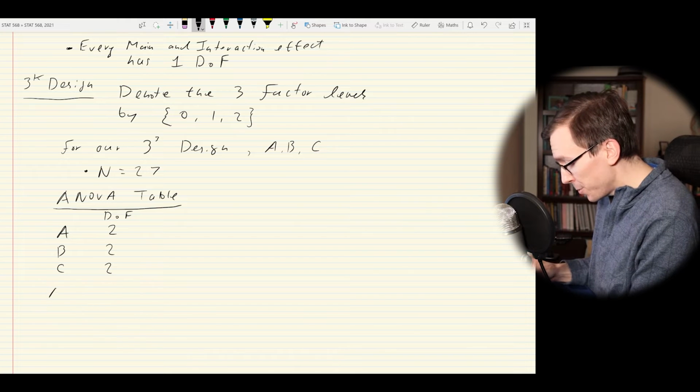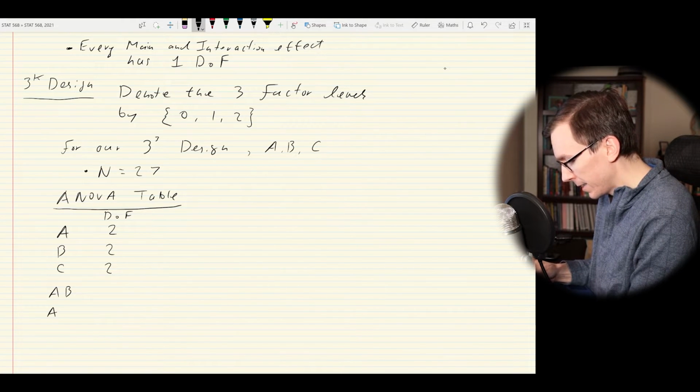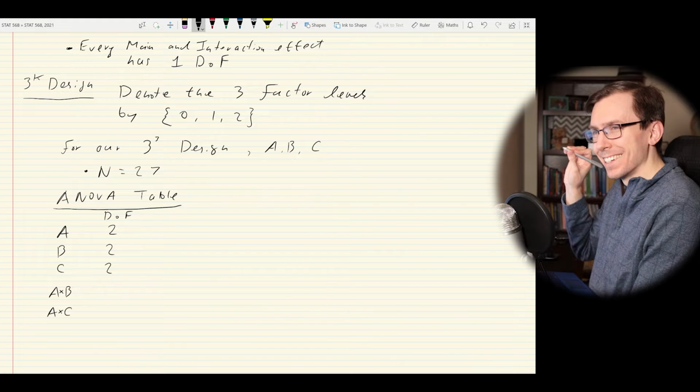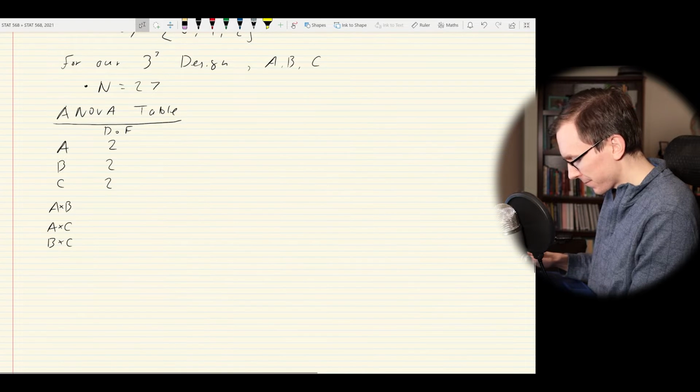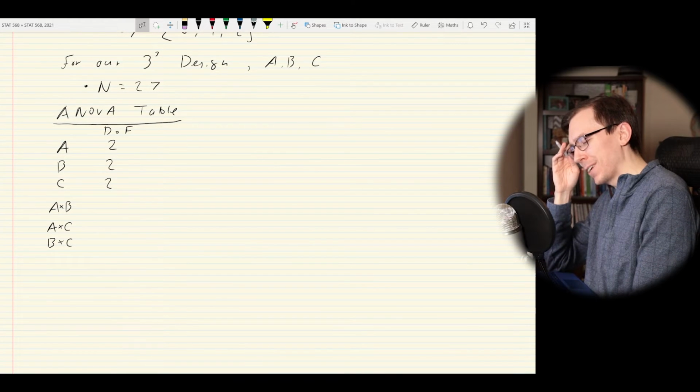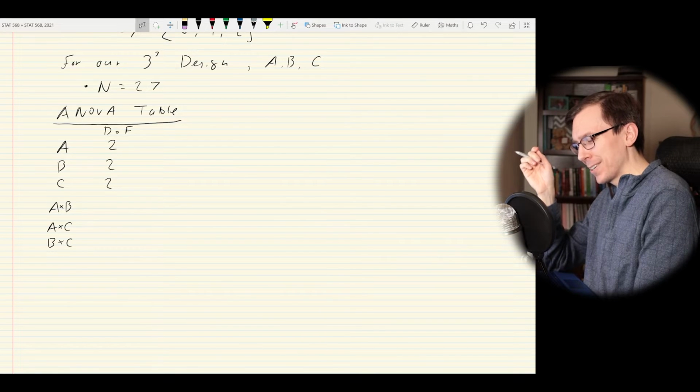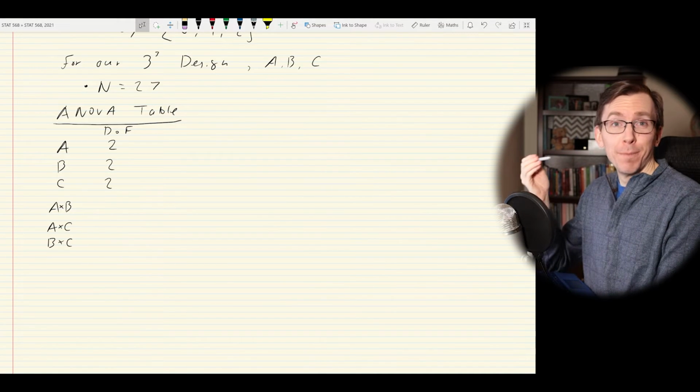And then we're going to have two-way interactions just like we did last time. A cross B, I'm going to write A cross B for a reason that will make more sense in a moment, and B crossed with C. So what happens when you have a two-way interaction with 3-level factors? Well, the degrees of freedom multiply.